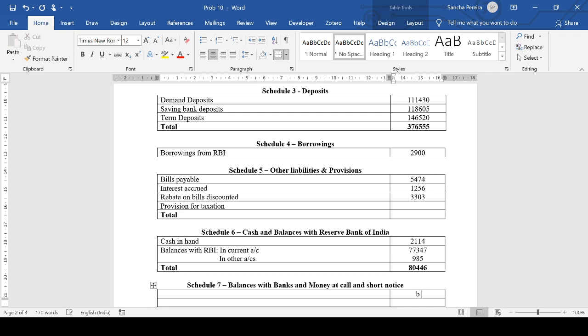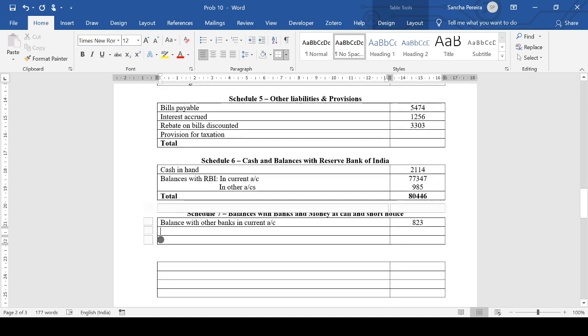That's the item, which is 823, and we also have money at call and short notice with banks, which is 25. So the total of this comes to 848.